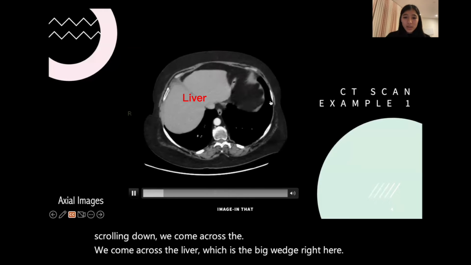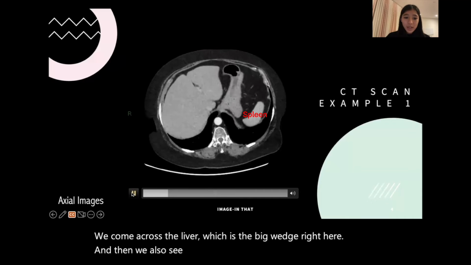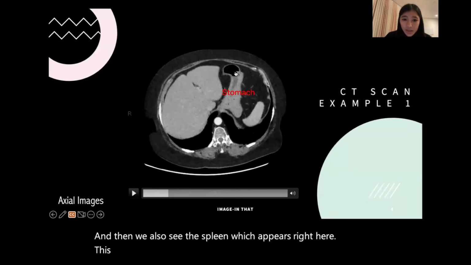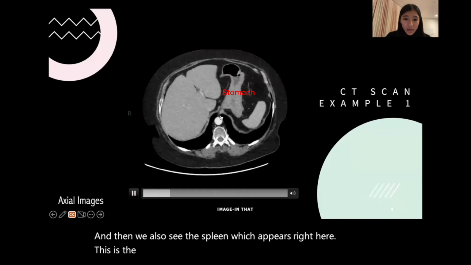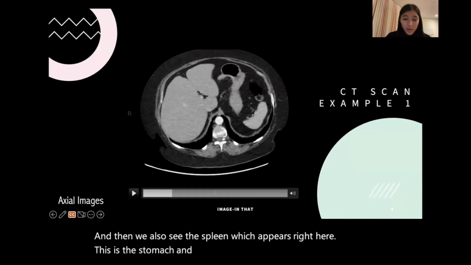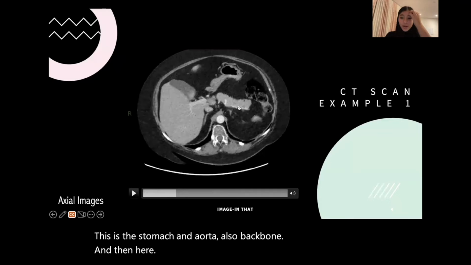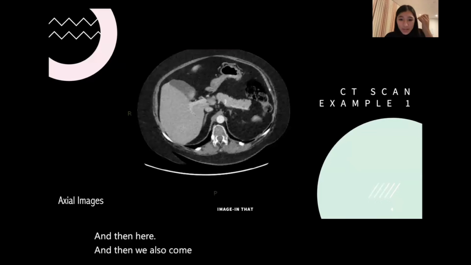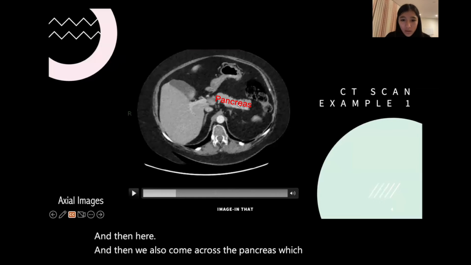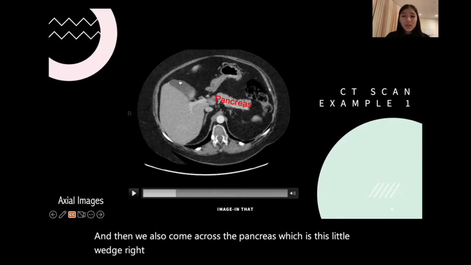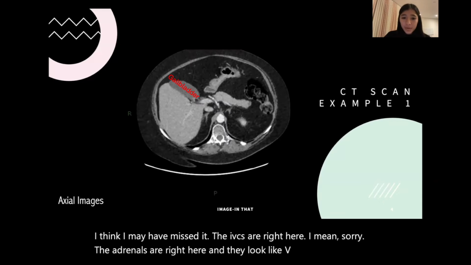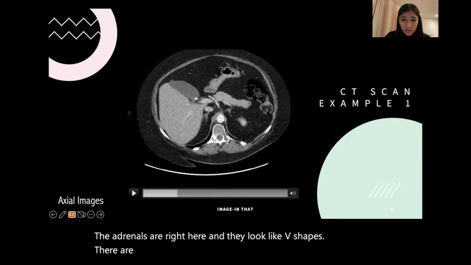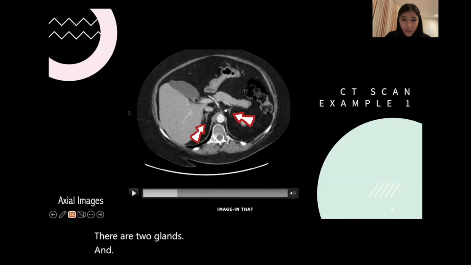And then we also see the spleen, which appears right here. This is the stomach and aorta, also backbone. And then we also come across the pancreas, which is this little wedge right here, and the gallbladder. There are two glands, and they're called the adrenals.